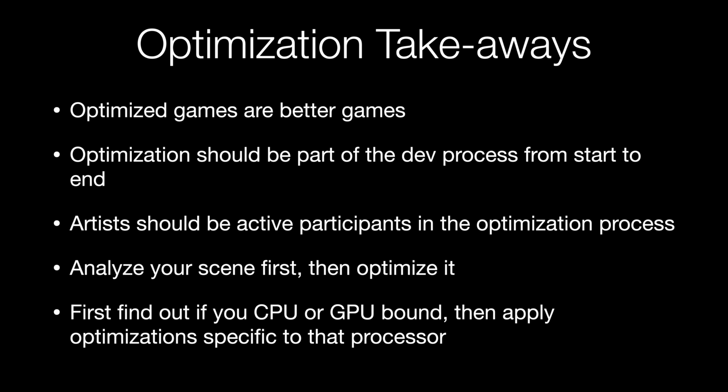There's no one-size-fits-all solution for optimization. Every game is different, so it's important to use profiling and analysis software like Pix to find what's running slow in your specific case. And then finally, first, find out if you're CPU bound or GPU bound, and then apply optimizations specifically for that processor.